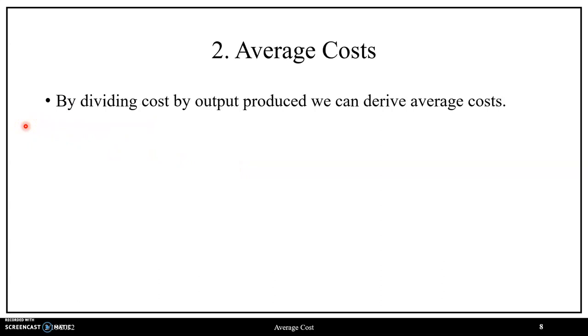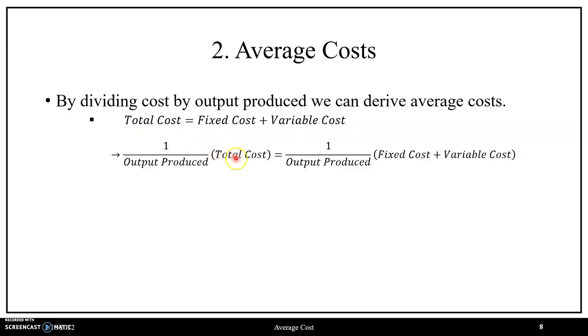To do so, we will derive where average costs come from, which we can do by dividing cost by output produced. So let us begin with total cost is equal to the sum of fixed and variable cost. If we divide both sides, the left and right hand side, by output produced, we'll have total cost divided by output produced, which is going to be equal to 1 over output produced, scaled by our sum of fixed and variable cost.